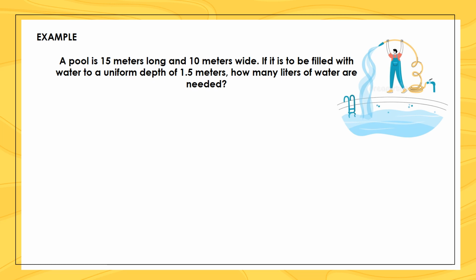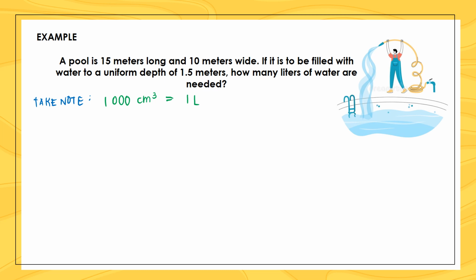For this one, it is always important that when we are getting the capacity, we take note of this conversion factor. 1,000, let's write it here. Take note that 1,000 cubic centimeter, or centimeter to the third power, is equal to 1 liter, right?